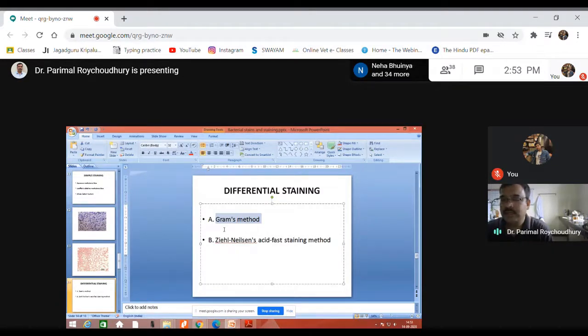This staining technique is a very simple 4-stage staining technique, which can differentiate bacteria on the basis of their staining reaction, and we designate them gram-positive and gram-negative. The organisms which actively retain the primary color of the Gram staining method, we call gram-positive, whereas the bacteria which could not retain the primary color, and rather take the counterstain, we call gram-negative bacteria.